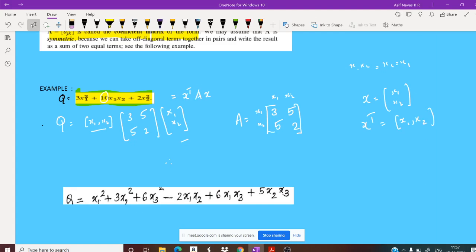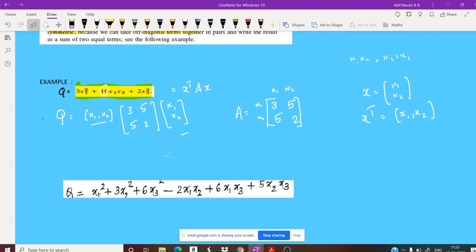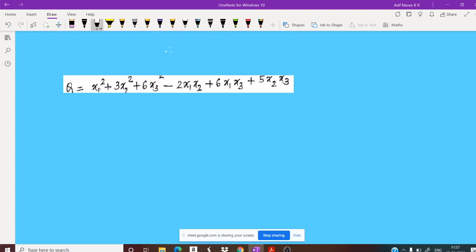Now similarly, how to do this example? We can write it in x transpose Ax form, so we will find what is A. Similarly, I am writing here x1, x2, x3, and x1, x2, x3.